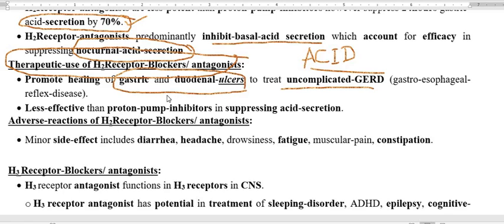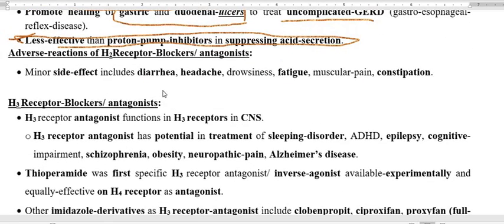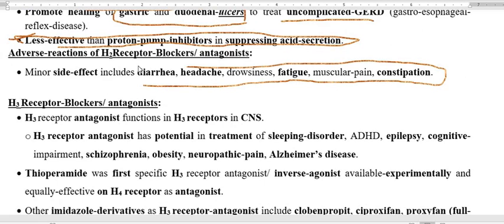So ulcer is going to be treated by the H2 receptor blocker. But nowadays we have a safer, better drug, the PPI, proton pump inhibitor, so we use that nowadays. Here is the point: they are less effective than proton pump inhibitors at suppressing acid secretion. So this is very, very important. Regarding adverse effects, headache, drowsiness, fatigue, muscular pain, and constipation can occur. So this is very, very important.